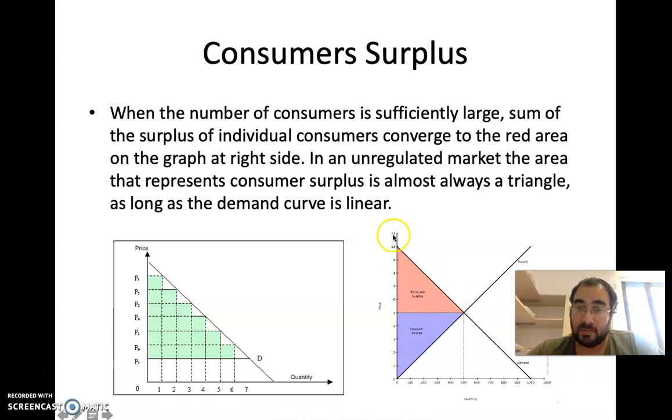So in this case, it is 10 minus 5, which is 5, times 500, which is 2,500, divided by 2, which is $1,250. That is the consumer surplus.